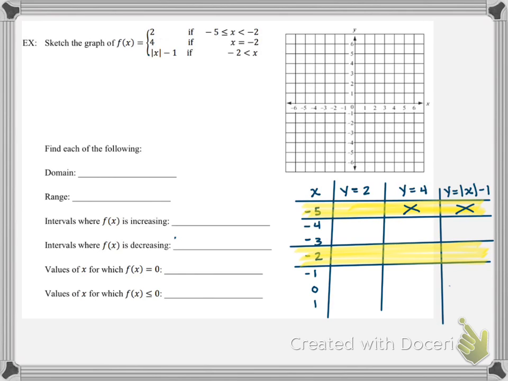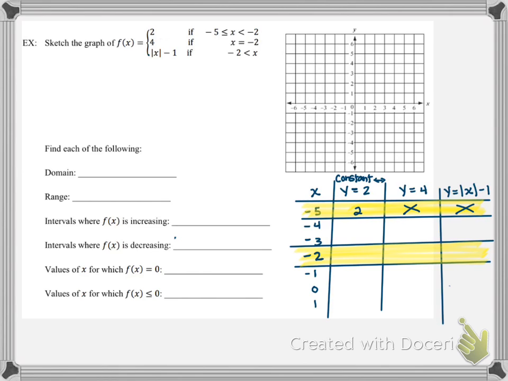So if x is -5, what's my y value? 2, right? That's just a constant function. So what's the graph of that going to look like? Yeah, it's just a horizontal line, right? So then my other endpoint at -2, where do we see -2?